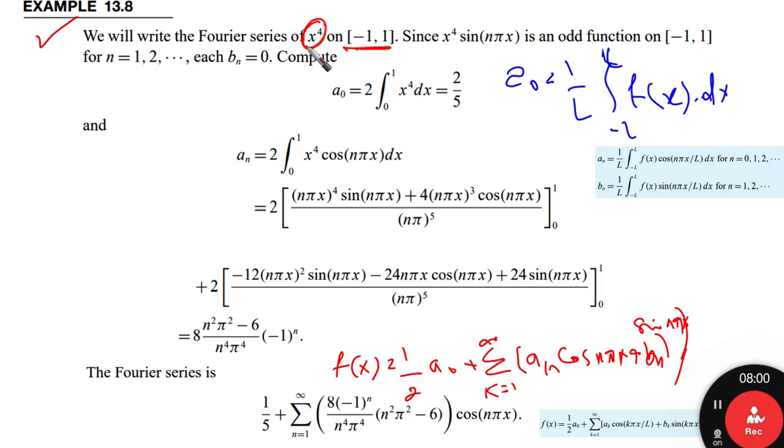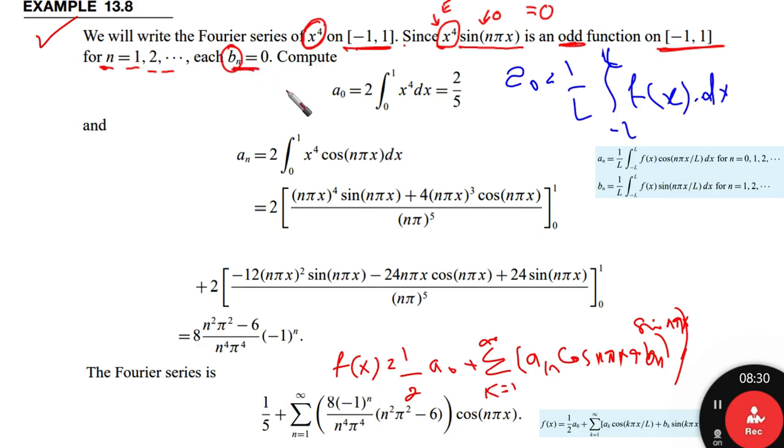So this x raised to the power 4 times sine of n pi x over L, where L is 1, so n pi x only, is an odd function because this is an odd function and this is an even function. So the multiplication would give us an odd function on this interval, for n equal to 1, 2, 3, and so on.